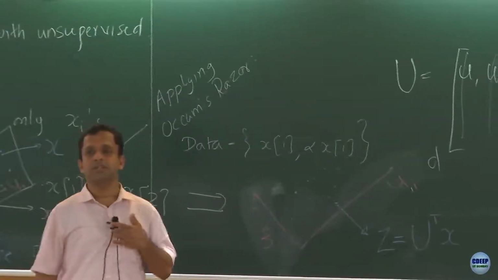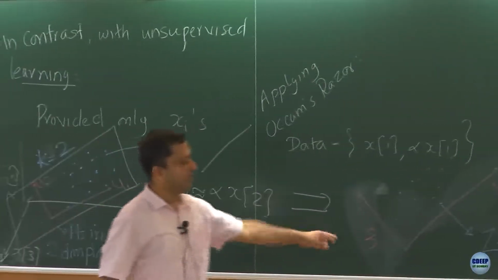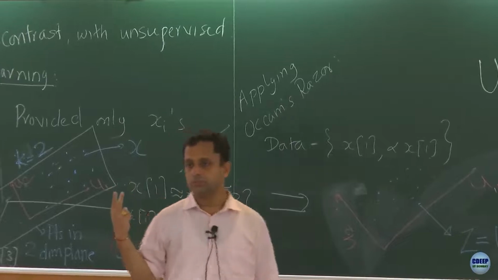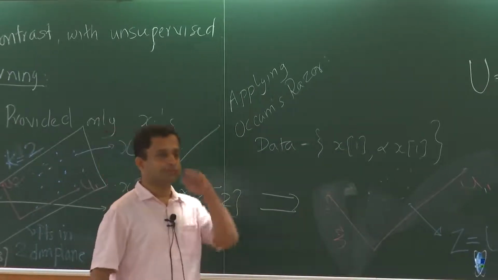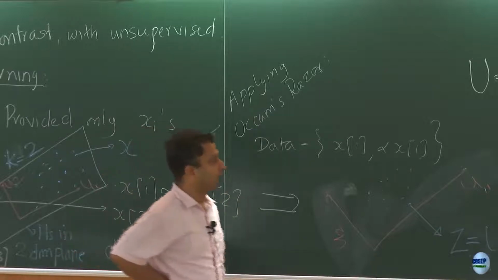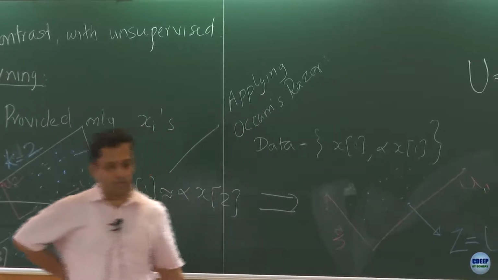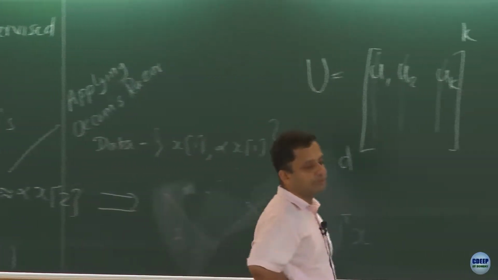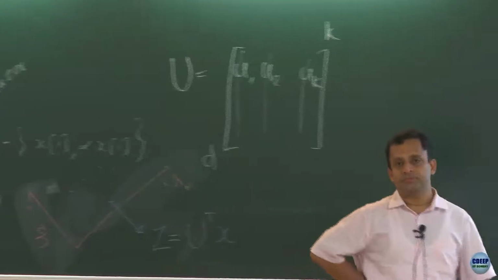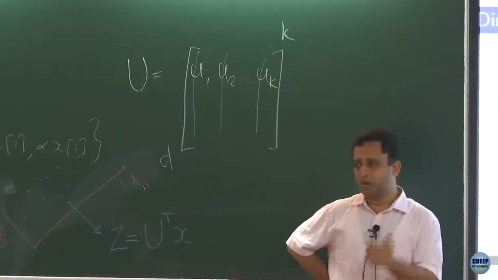This is what U is. In this case, as I said, K is 2. Well, actually, now I want to ask you: is this U or are we dealing with U transpose? I'll revisit this question in 1 or 2 slides.